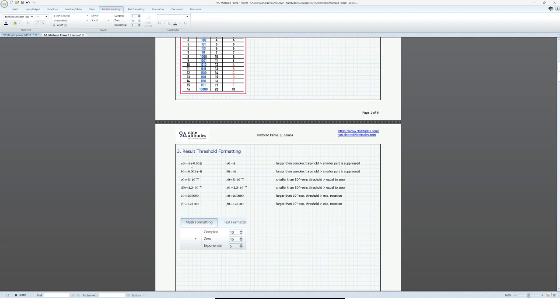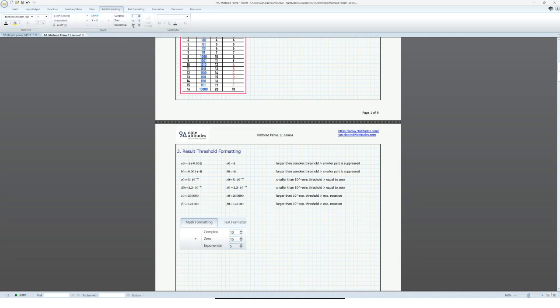Since 4 is bigger than 3, the smaller part in both situations will be suppressed. So you see the result in the right column. If I increase it, you will understand that this is not the case. So this is the meaning of the first formatting option.